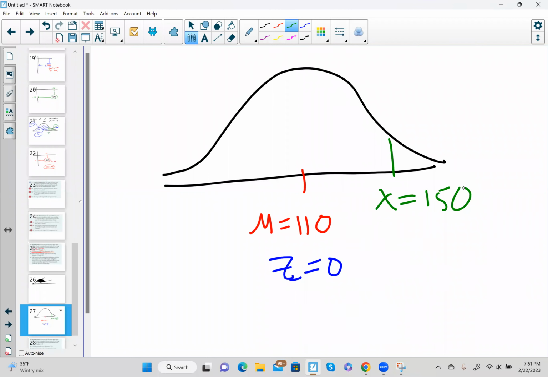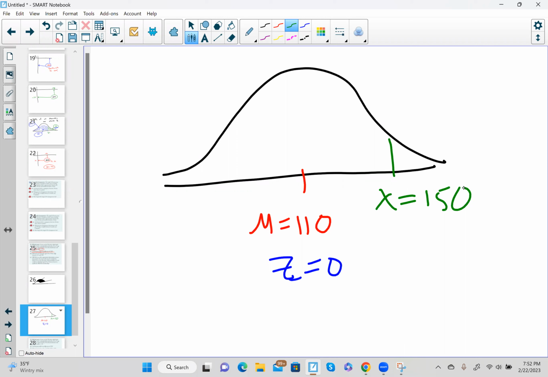A child at the 30th percentile would be taller than 30% of all other children the same age. At the 90th percentile, you're taller than 90% of the people the same age as you. So percentile means what percent of people are less than or equal to you.